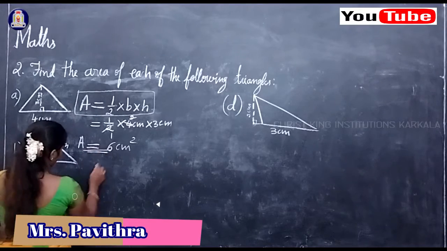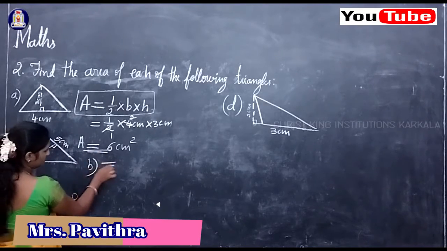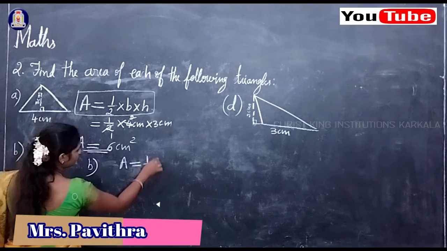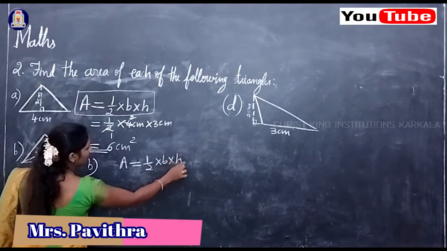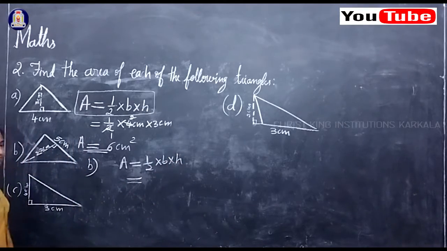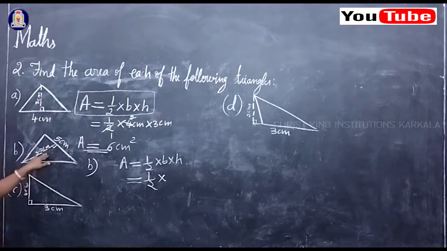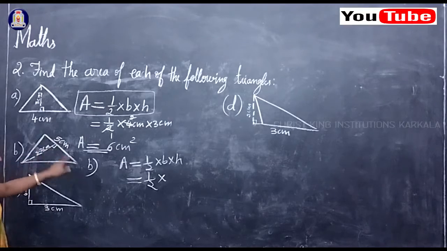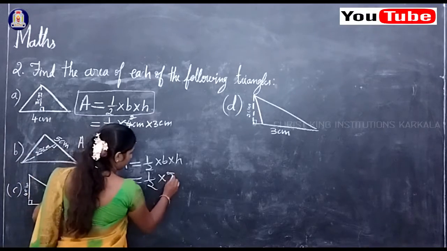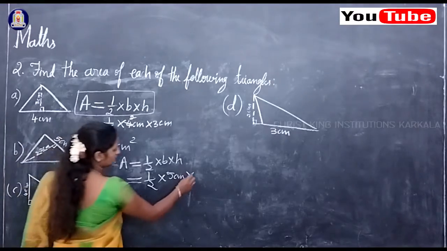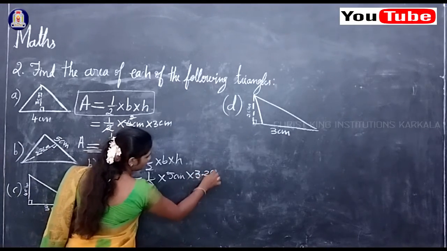The formula we have to use is A is equal to half into base into height, with base 5 centimeter and height 3.2 centimeter.